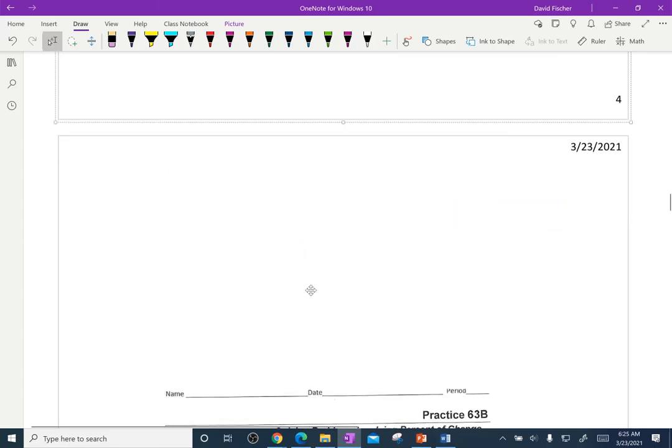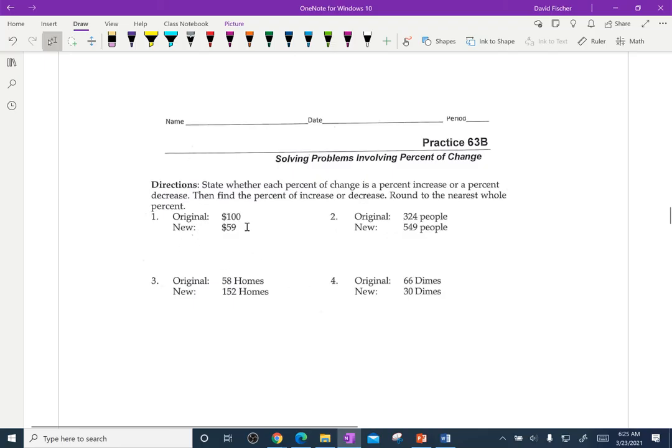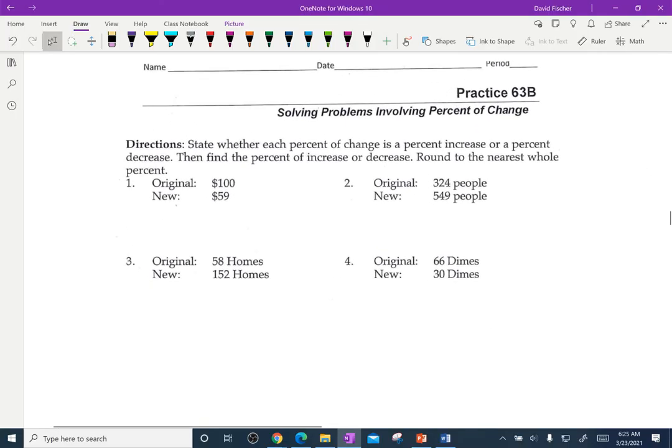All right. So today, here's kind of what we were doing yesterday. They said state the percent of change, increase or decrease. So you need to use those words, increase or decrease today. It's always the new take away the old. Original, 59 minus 100. Also, I like to kind of do this. We went from 100 down to 59, so this is a decrease.